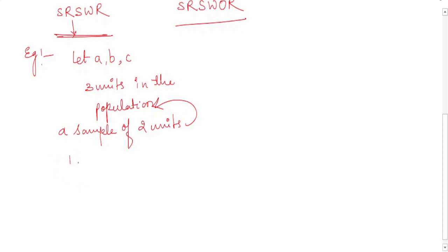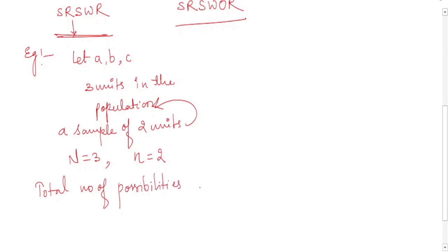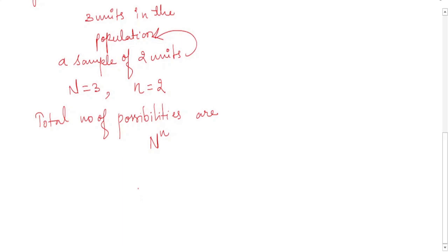Notation-wise, capital N is equal to 3, and the sample size we denote by small n, here equal to 2. Then the total number of possibilities is N to the power n, that is capital N to the power small n. Here capital N is 3, small n is 2, so total 9 possibilities.